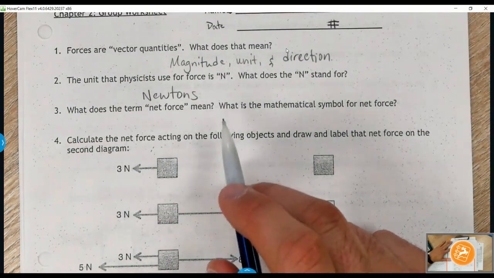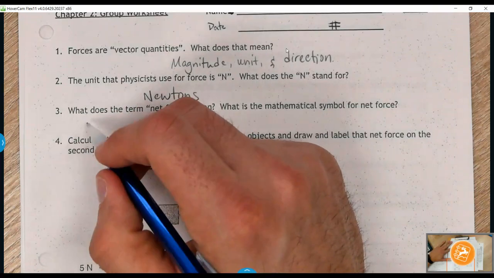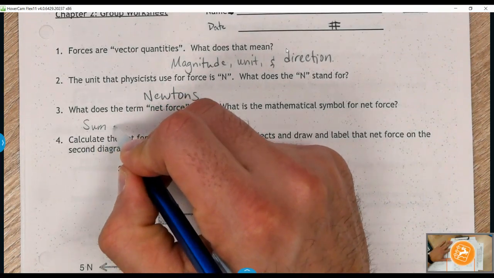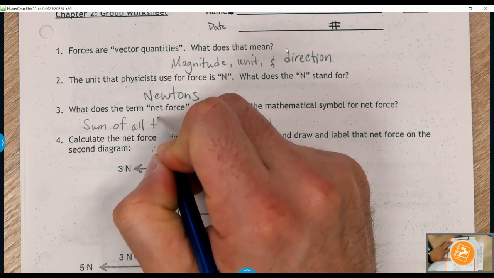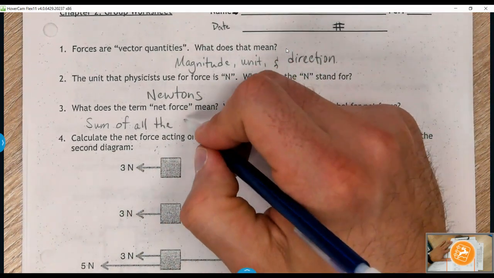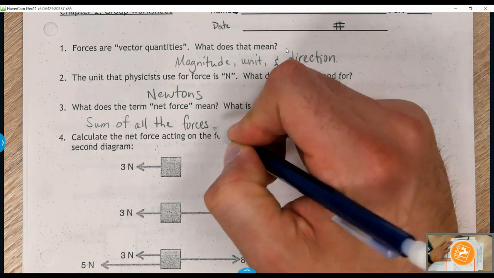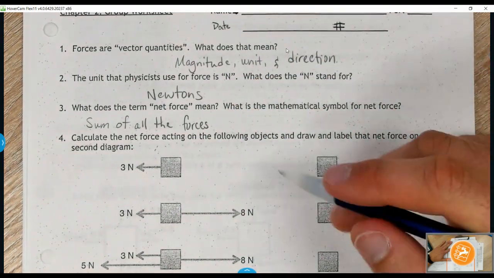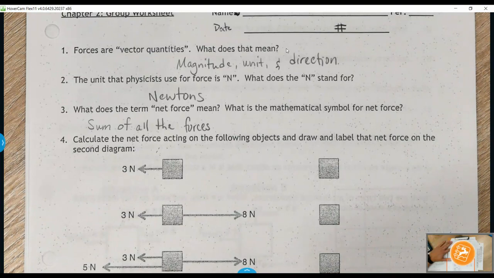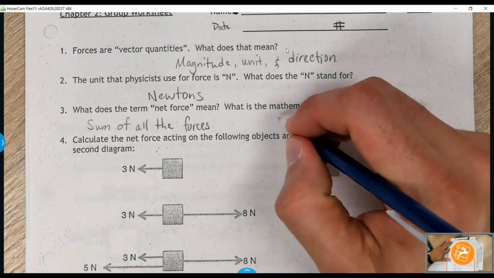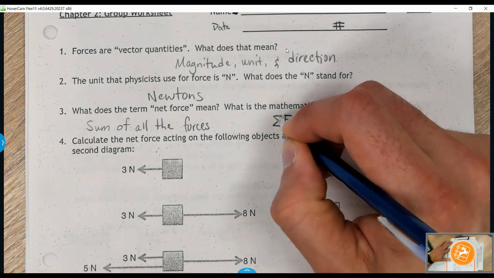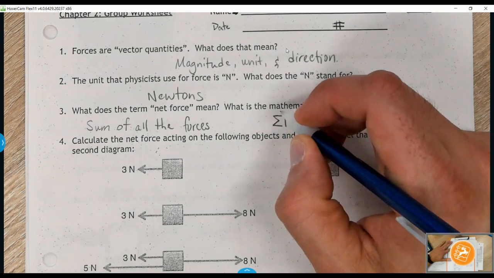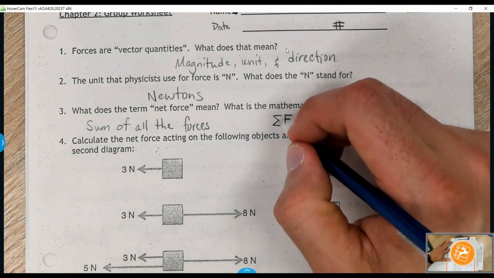What does the term net force mean? It means the sum of all the forces. So we add everything up: if they're in the same direction, we add them; opposite directions, we subtract them. Mathematical symbol. This right here means the sum of the forces. Sigma in math and statistics means the sum of, right?